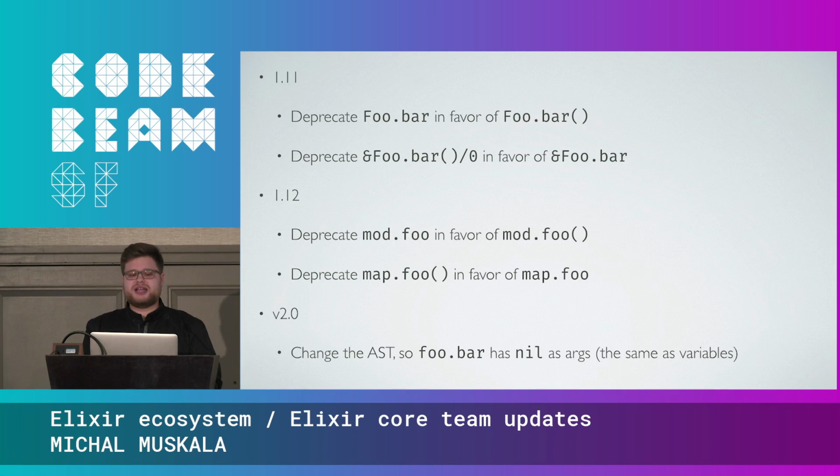So the plan to tackle it is to separate those two through warnings and deprecations. Basically, whenever you call modules, you'll need to include parentheses, and whenever it's a field access on a map, you won't be able to include parentheses. In 2.0, the AST will slightly change to reflect this difference.